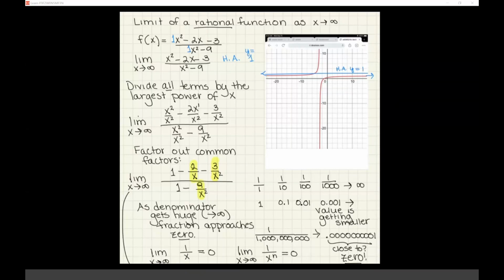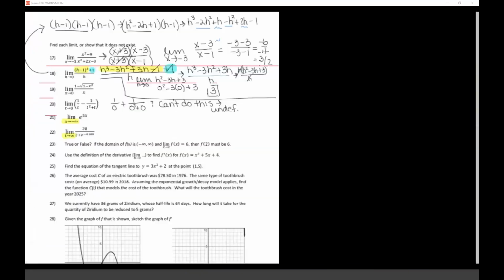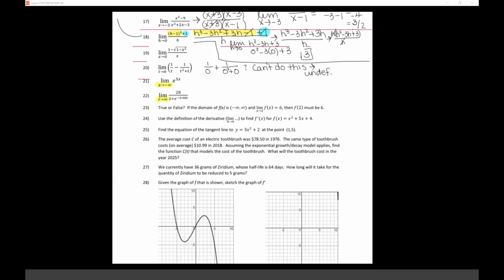Okay, let's go back over here to the notes. So that's one with a rational function. These are exponential functions, and what you need to figure out with the exponential functions is just the sign on the exponent.